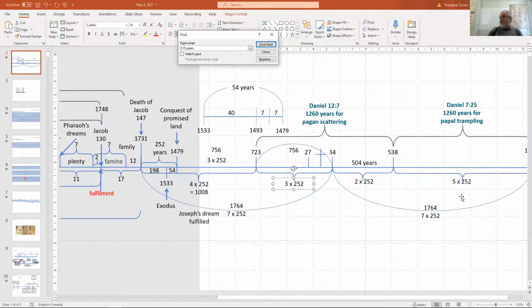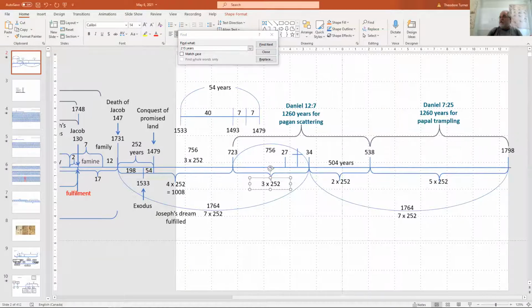But we had 1,764 years, which was 7 times 252. This goes from 34 AD to 1798. And this is the 1,260 years plus the 504 years. So this is the persecution of Christians by pagan Rome, and this is the persecution of Christians by papal Rome.